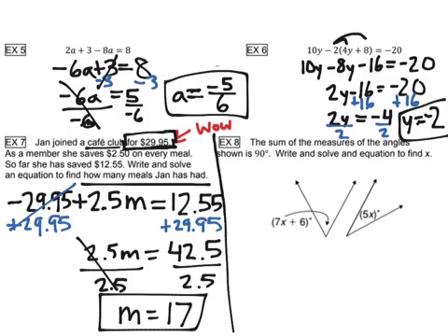The sum of the measure, sum, what does sum mean? Sum means addition. The sum of the measure of the angles shown is 90 degrees. So what it's saying is this angle right there plus this angle equals 90 degrees. So if that were angle A and that's angle B, then it's saying that angle A plus angle B equals 90 degrees.